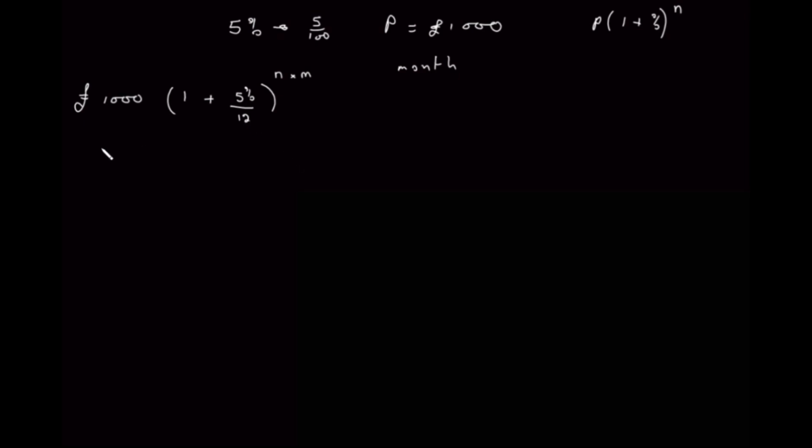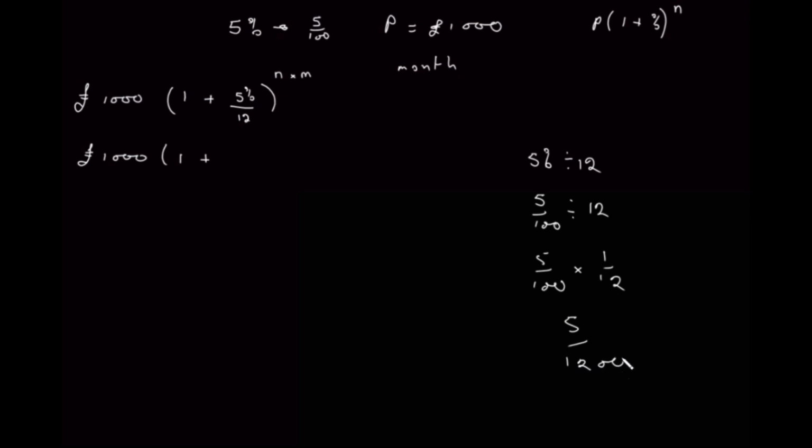So if I were to expand on that, 1,000 times 1 plus, now look, 5% divided by 12 is 5 over 100 divided by 12, is 5 over 100 multiplied by 1 over 12, is 5 over 1200. So here we have 5 over 1200.